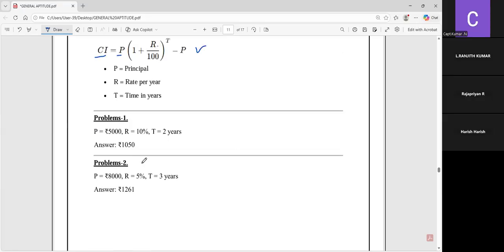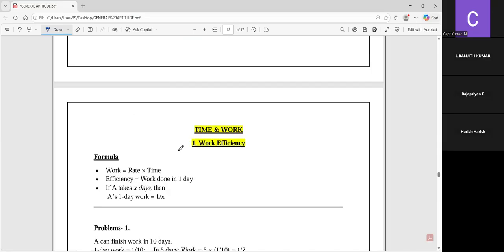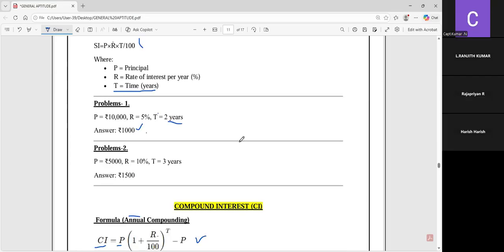This is simple. In this problem, the rate of interest is 10% and the time is 2 years. The answer is 1050 rupees. So this is compound interest. These are the types of problems, the basic problems for simple interest and compound interest.